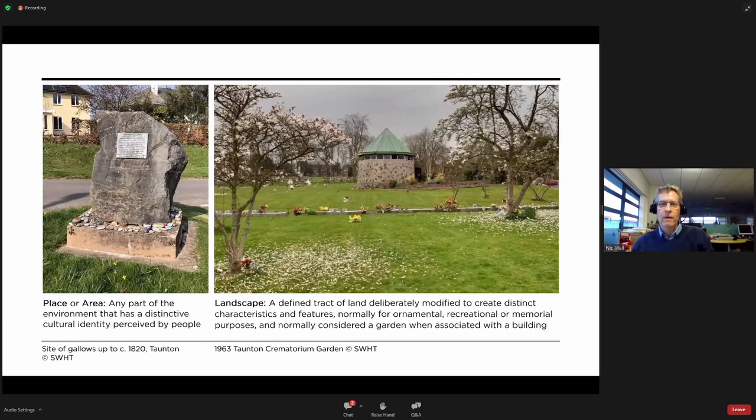A place or area is any part of our environment that has a distinctive cultural identity perceived by people. And a landscape is a defined tract of land deliberately modified to create distinctive characteristics and features, normally for ornamental, recreational, or memorial purposes, and normally called a garden when associated with a building.